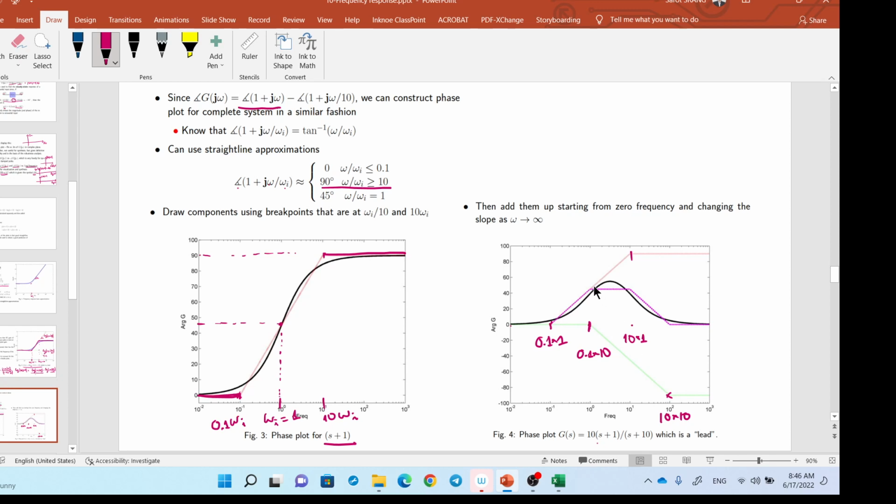And you draw two asymptotes like this, and then just connect them as a straight line. For the green one, you can draw asymptotes like this, and like this, and then connect the two asymptotes by a straight line like this. Then you add up these two asymptotes.